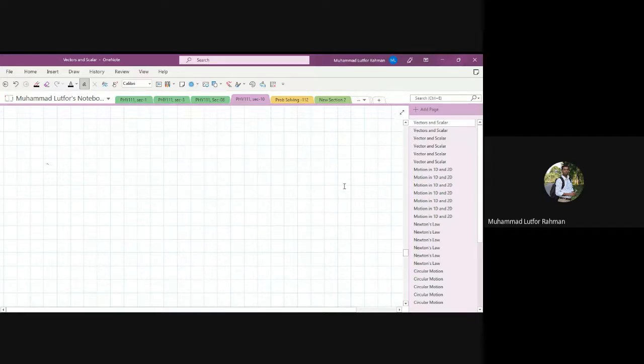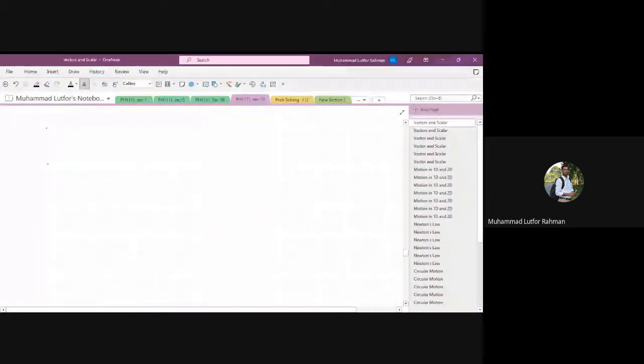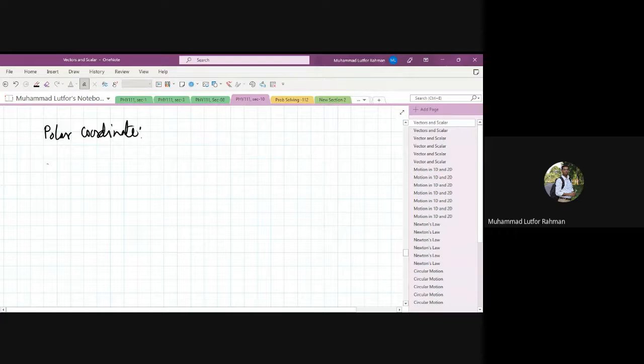All right, let's think about the polar coordinate. In the Cartesian coordinate, we express a vector as ax i hat plus ay j hat plus az k hat.